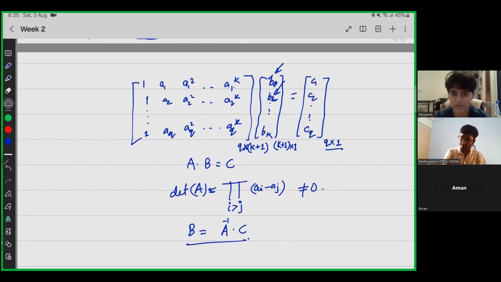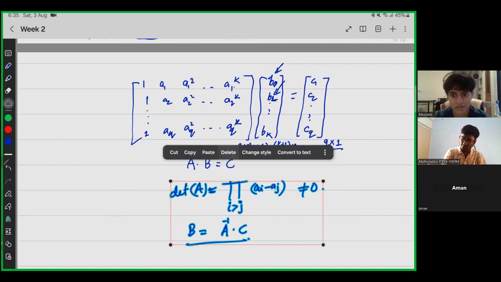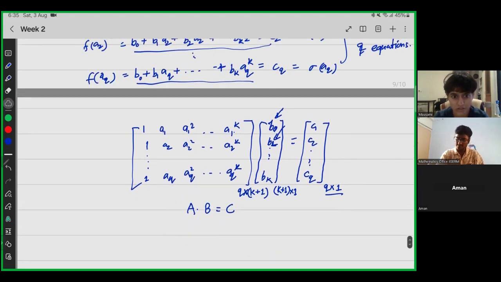So how to diagonalize? Sorry, one minute. This is a system of this form.